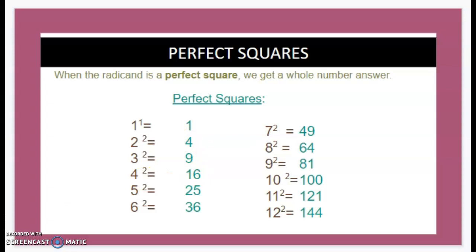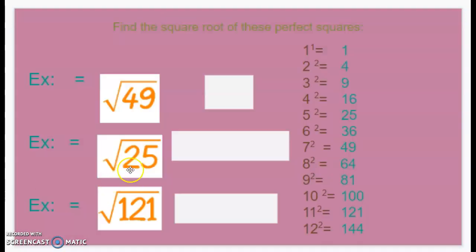Okay, now sometimes you don't have to break it down. Sometimes your radicand can be a perfect square. For example, this is asking us to take the square root of 49. But when we look at our perfect squares, we have 49, and we notice that it is 7 squared. So therefore, our answer is 7.